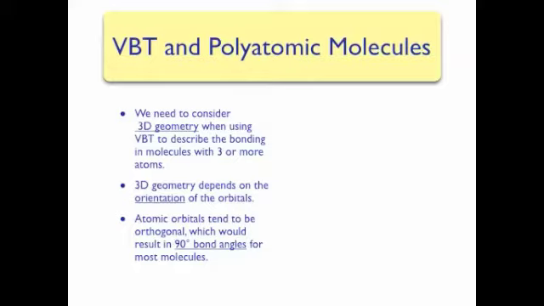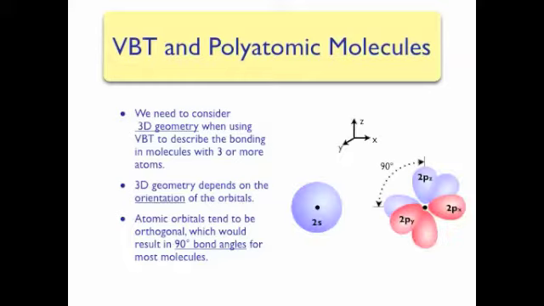This means that their lobes have 90-degree angles between them. Here on the right are some pictures of the 2s and 2p orbitals. You can overlap with an s orbital generally in any direction. For the p orbitals, the lobes point at 90-degree angles from one another.